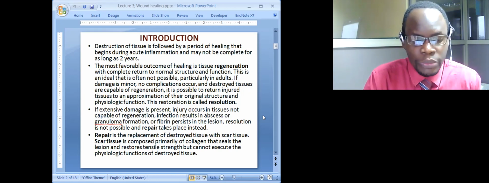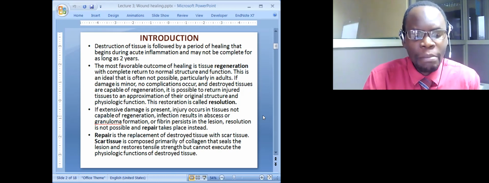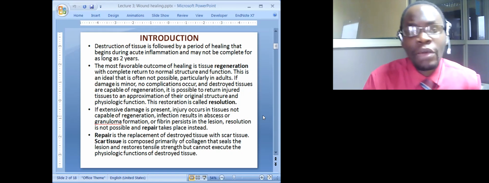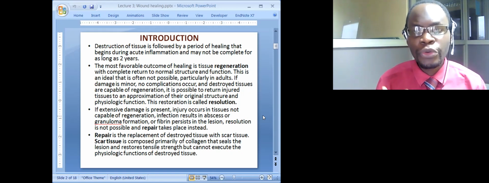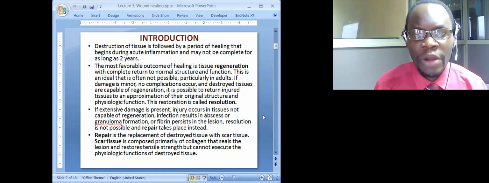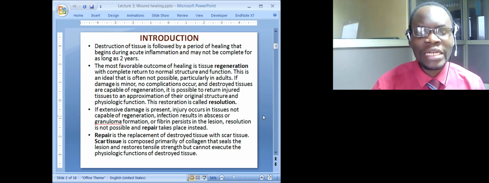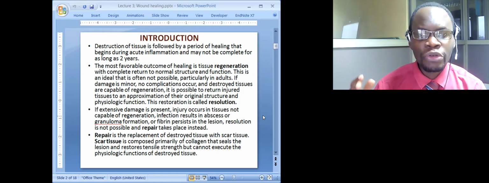Now, the most favorable outcome of healing is what we refer to as tissue regeneration. In other words, once you are injured, the most favorable outcome, what we want the outcome to be, is regeneration.